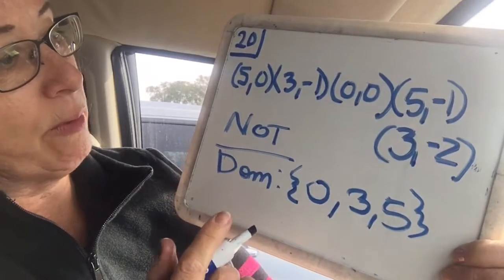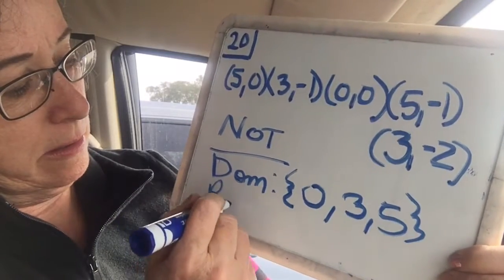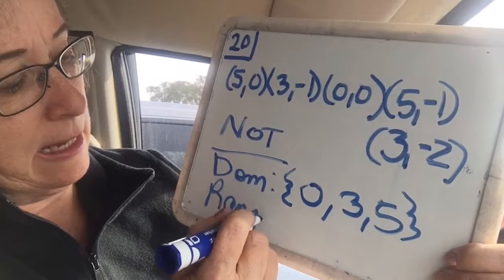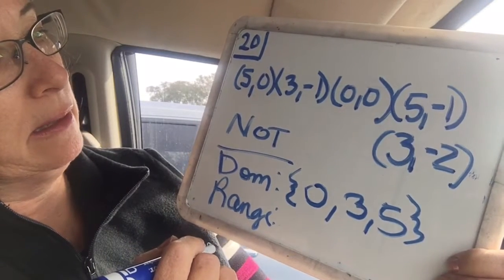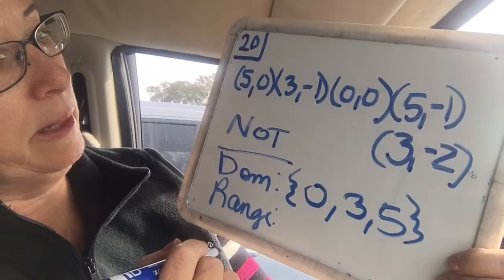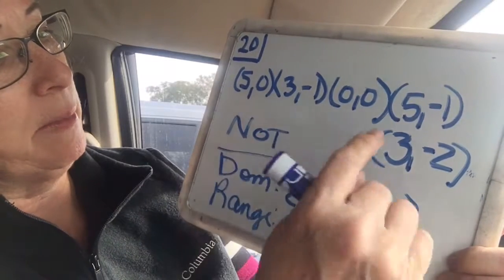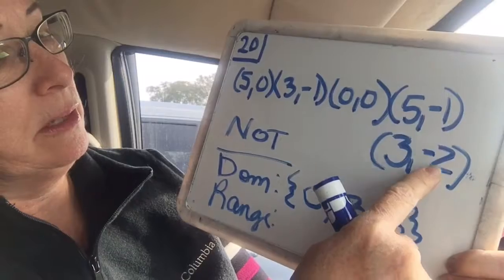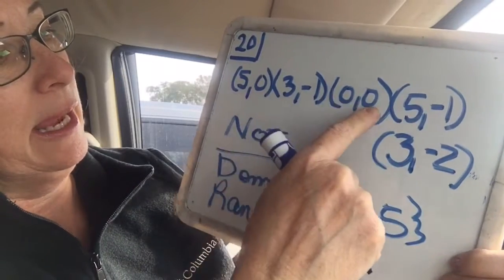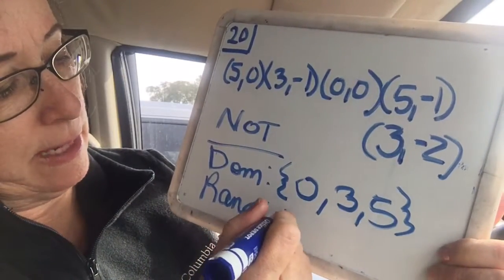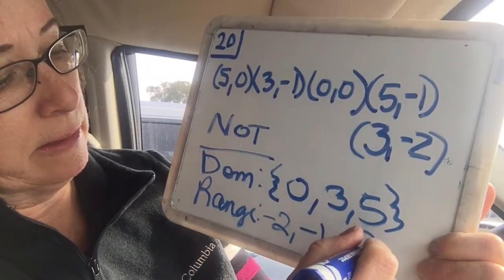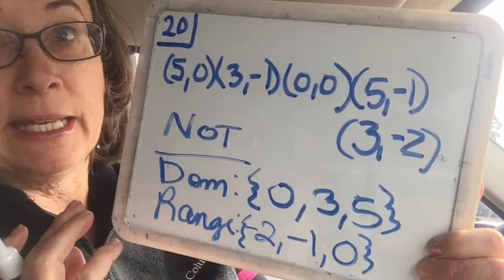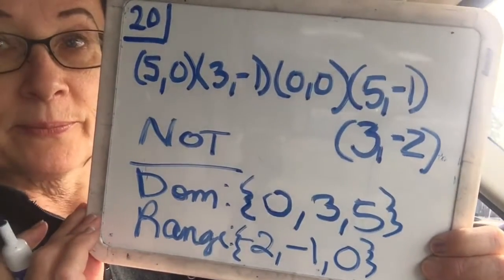And then the range has got, looks like it's got maybe only 3 items too. Okay, because we have a -2, a -1, and a 0 in the range. So -2, -1, and 0 in the range because we had repeated ones of those also.